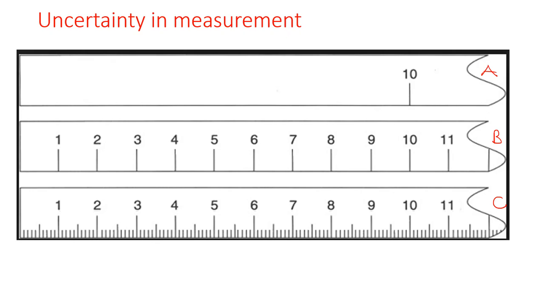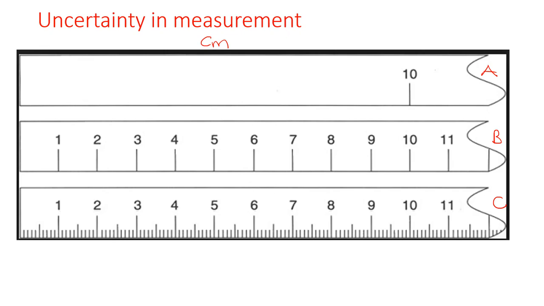For ruler A, the smallest division is 10. So let's say these divisions are centimeters. So for ruler A, the smallest division is 10 centimeters. Ruler B, the smallest division is 1 centimeter. Ruler C, the smallest division is 0.1 centimeter. So we can see that these rulers are different.